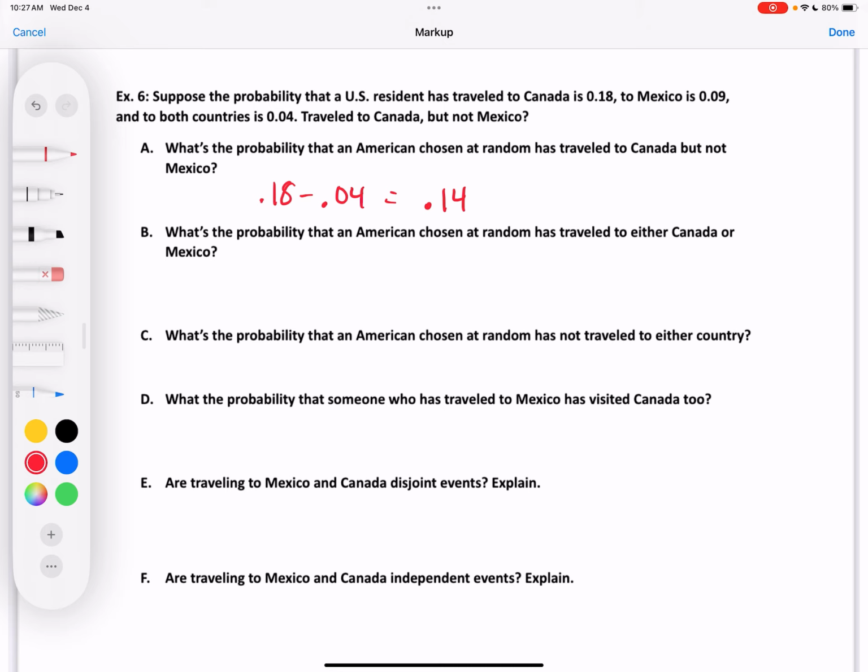What is the probability that an American chosen at random has traveled to either Canada or Mexico? What does that imply we need?